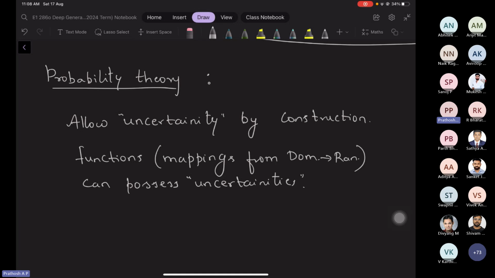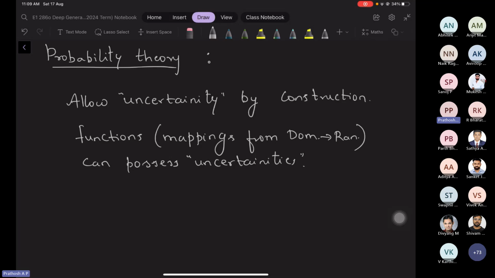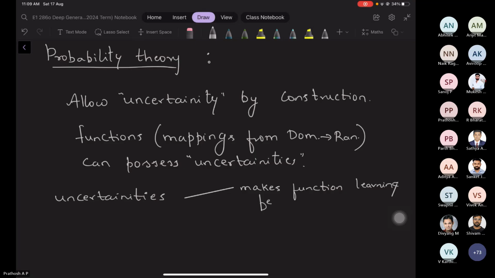As I said, allowing for uncertainties makes function learning easier. It makes function learning more feasible, right?